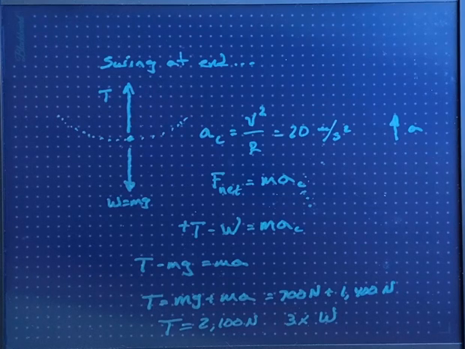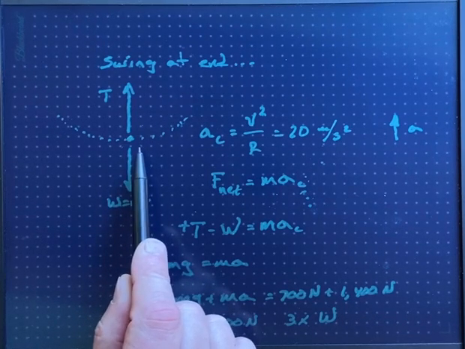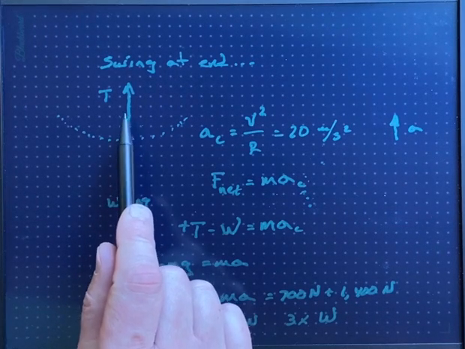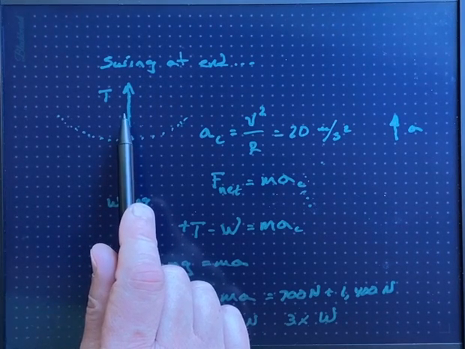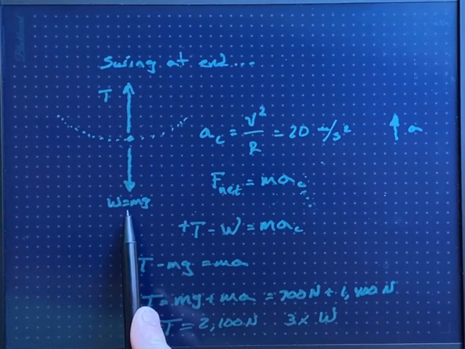broken. Now it bears mentioning, which way would you move if the rope broke right here at the very bottom of the path? Well, I want you to realize that if the tension force is no longer present, the only force that would be present is your weight.